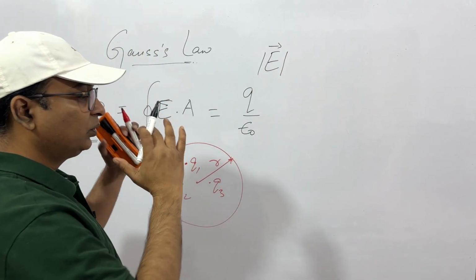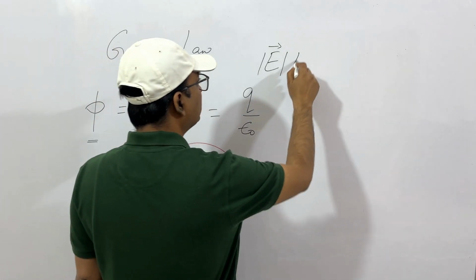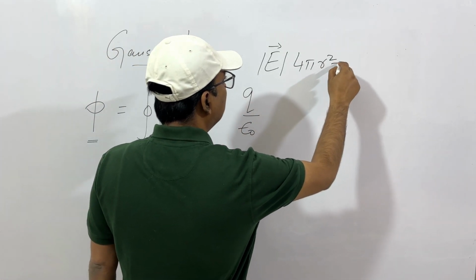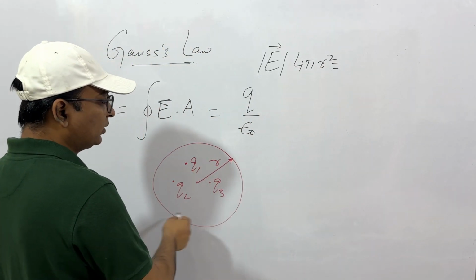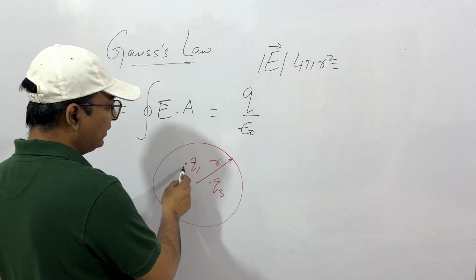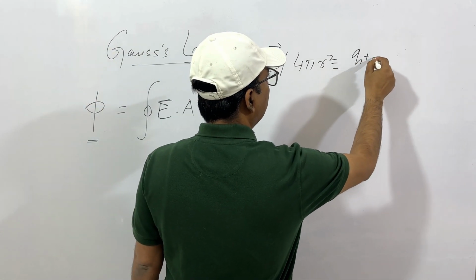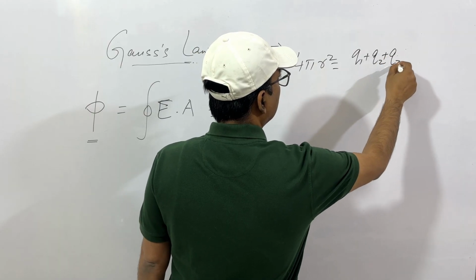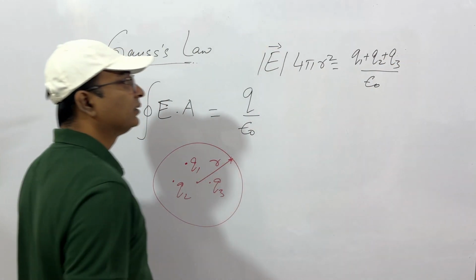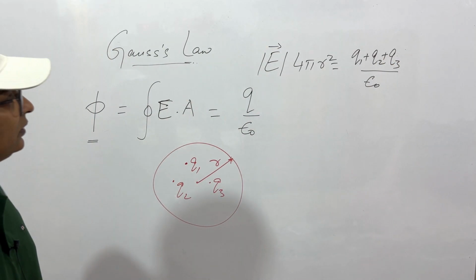Complete A. For a sphere, total area is 4 pi r squared. This will be equal to the total charge enclosed inside this surface, Q1 plus Q2 plus Q3, divided by epsilon 0. Simple. This is the meaning of this.